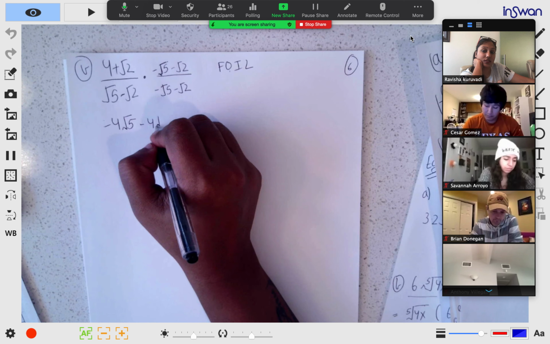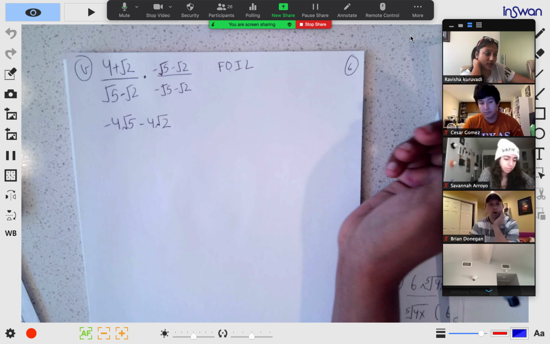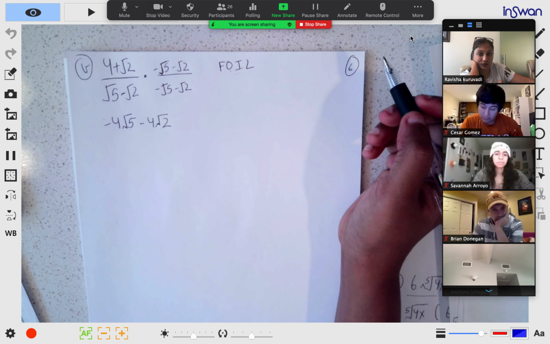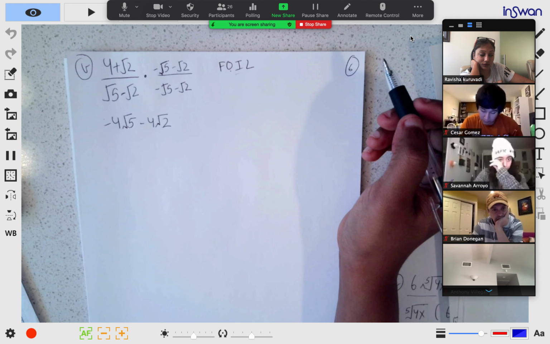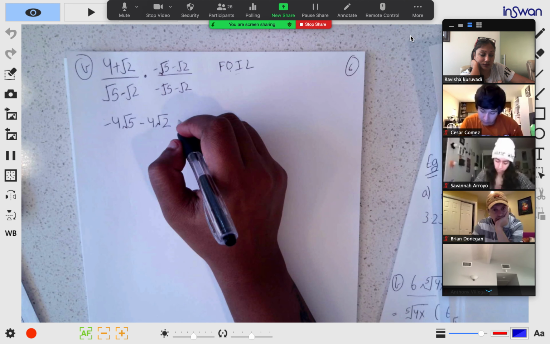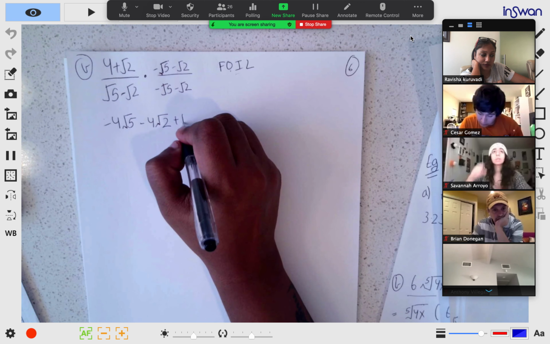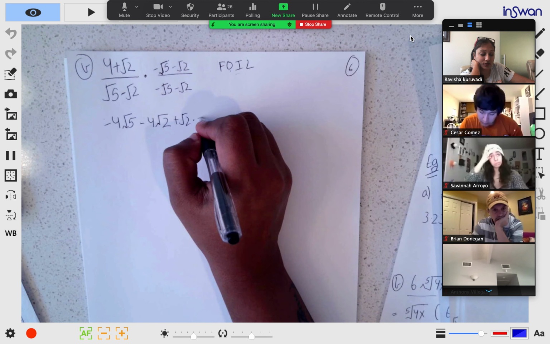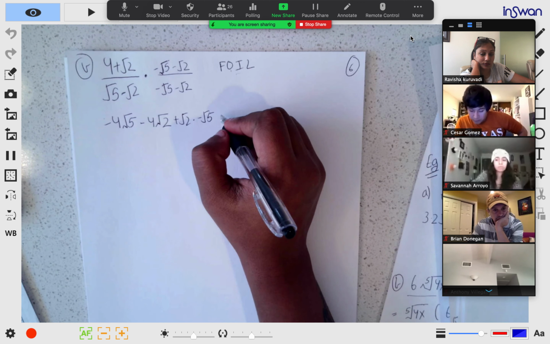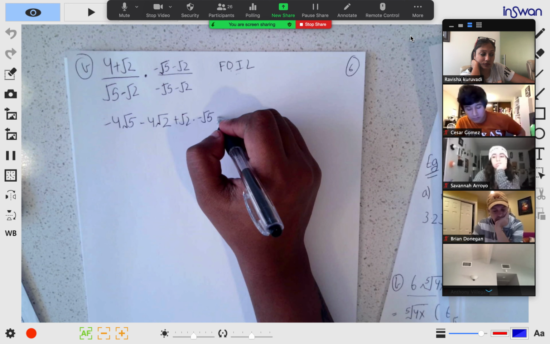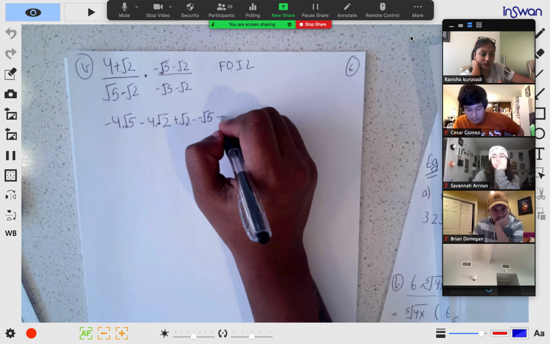Okay. What's the next term? What are the inner ones? Square root of 2 times negative square root of 5. Okay. What are the last ones? Square root of 2 times negative square root of 2.